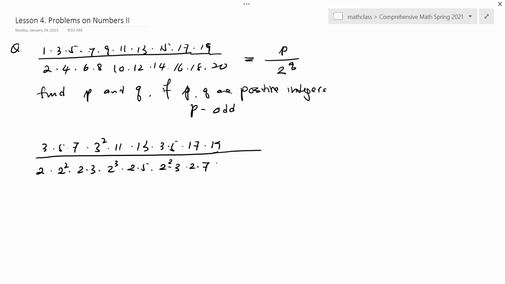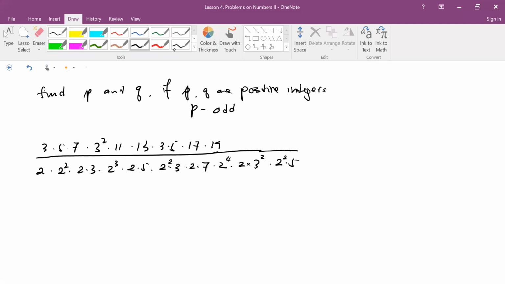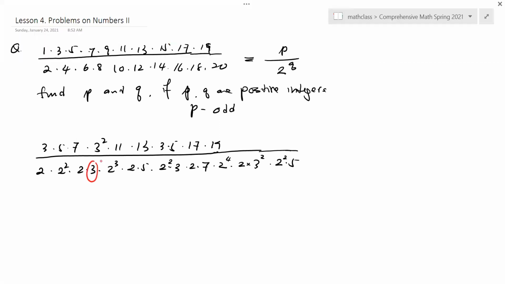And then 2 to the 4th power, then 2 times 3 squared, and then 2 squared times 5. So as long as you can get rid of 3 and 5, then you get only a factor of 2. Surprise, right?